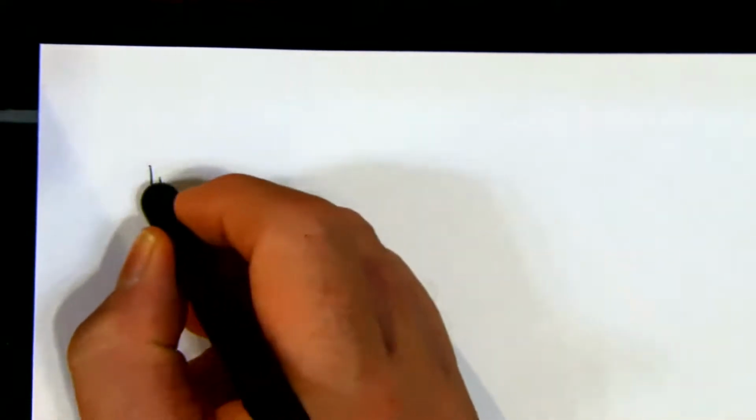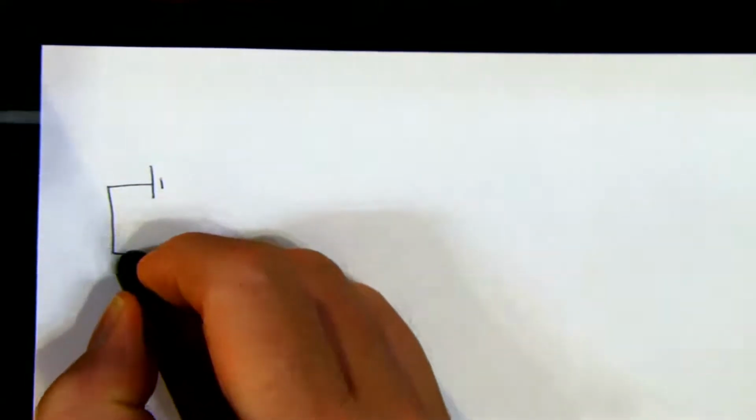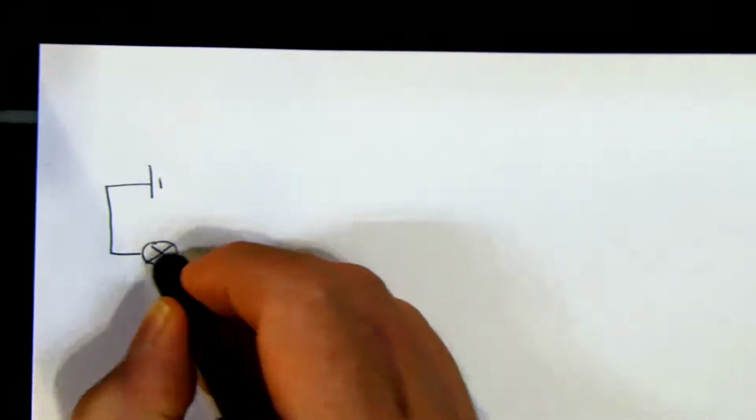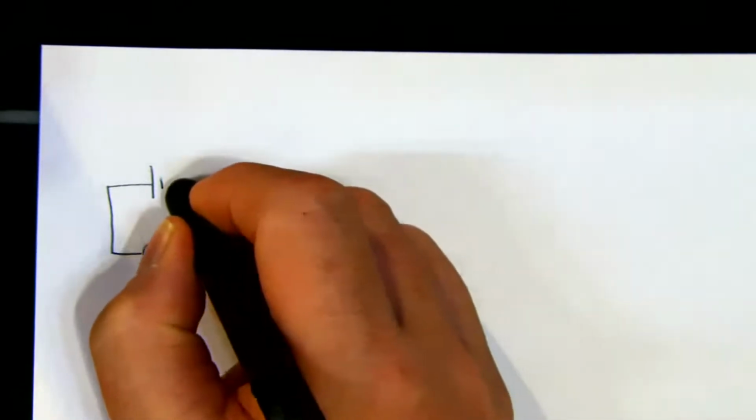A simple example of this might be looking at a light bulb, for instance. If I've got myself a light bulb, I've got my battery, I'm going to supply electricity to my light bulb.